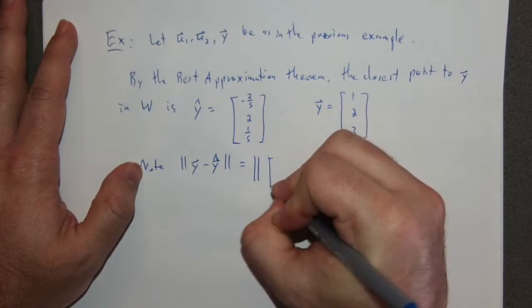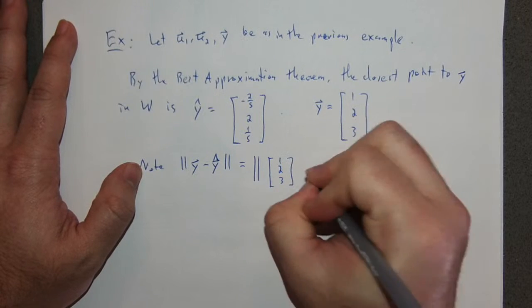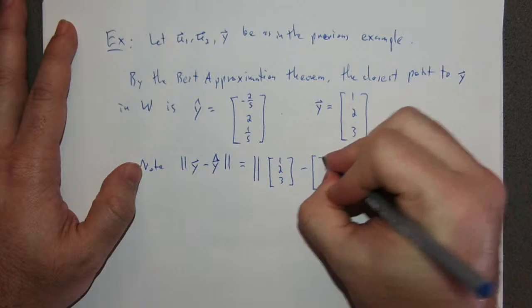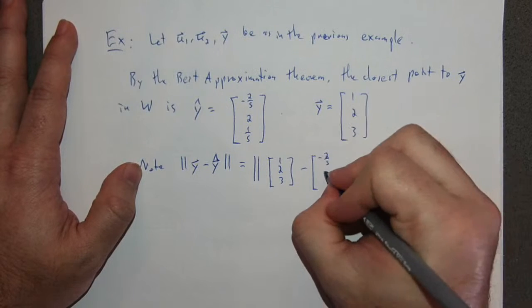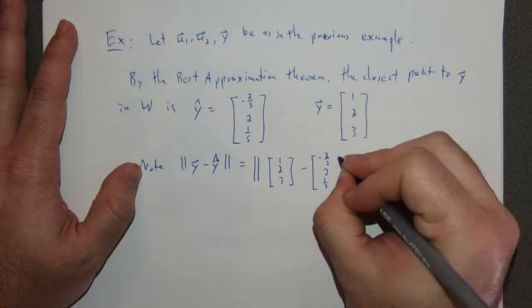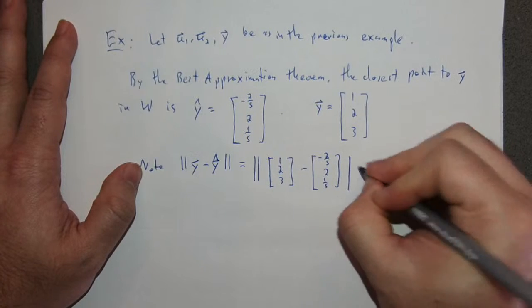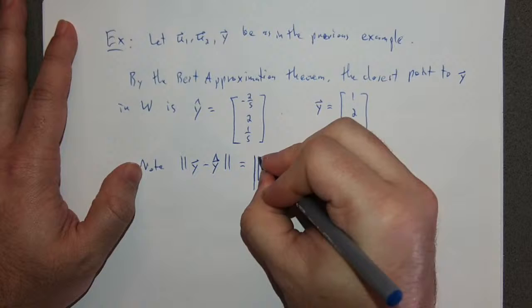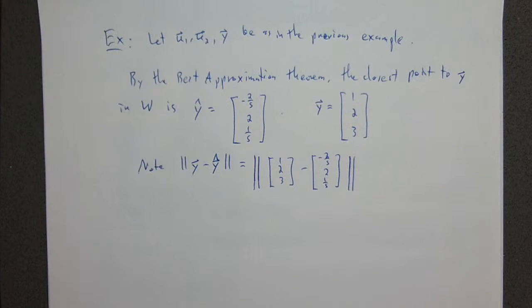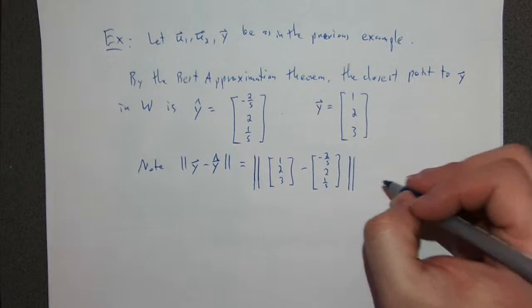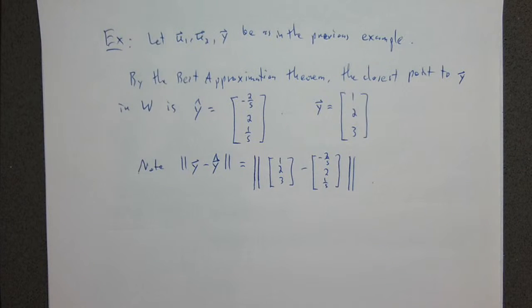I'm not actually going to compute this length. You can if you want to. It's going to be some nasty configuration of numbers. But whatever that length is when you compute it, that's the smallest length. Any other vector you could have chosen in W is going to have a distance that is larger than this number. So that's the key thing.